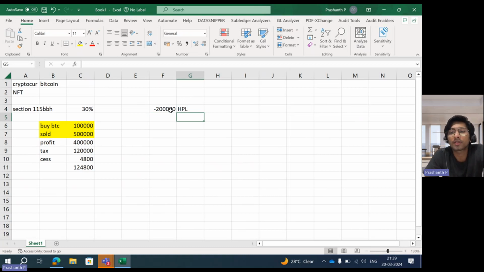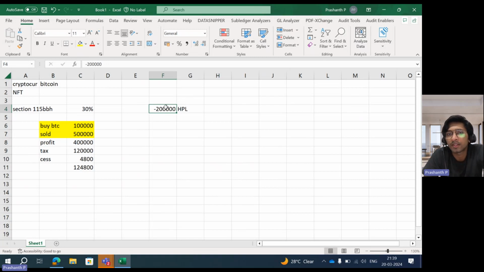Can you deduct house property loss from income earned from cryptocurrencies? That is the basic question which I am asking. Even here, the government says you cannot deduct such losses. That is, even if you earn 4 lakh rupees as profit, and if you are having house property loss of 2 lakh, your net income will be 4 lakh itself. You cannot deduct this 2 lakh rupees. So you will have to pay the tax on 4 lakh itself. You cannot get the benefit of 2 lakh rupees.